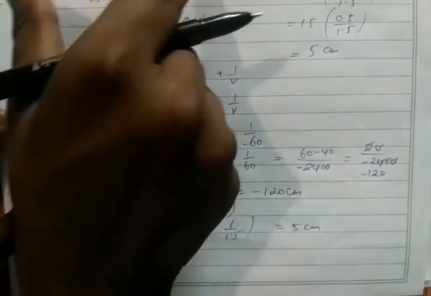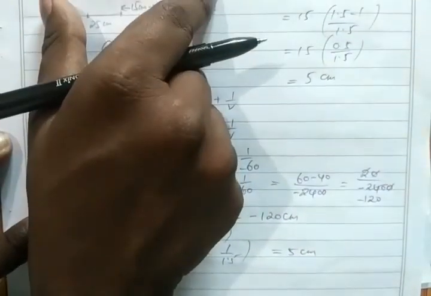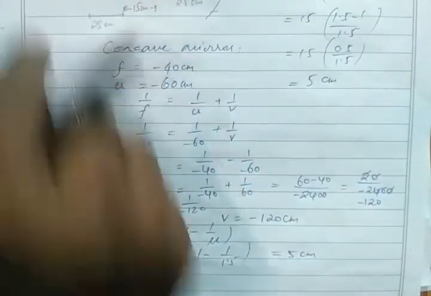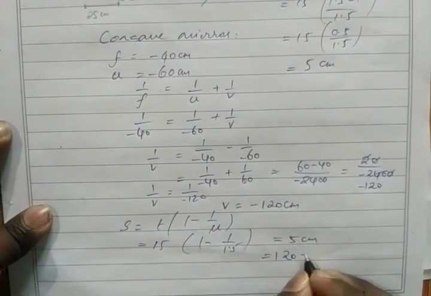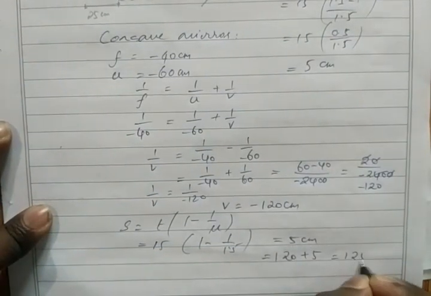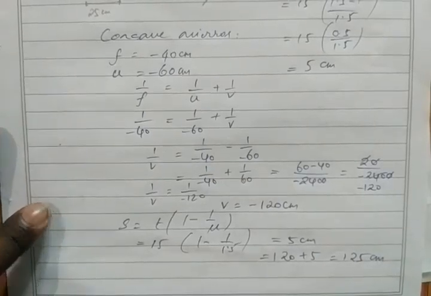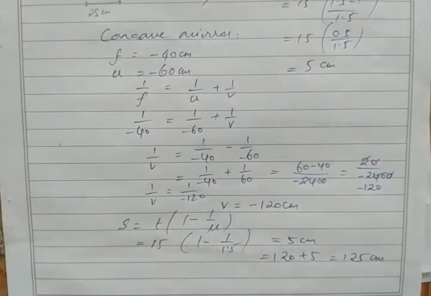Okay, so our image will be somewhere here, 120 centimeter. Then again our lateral shift will be 5 centimeter. So the total shift will be 120 plus 5, which is equal to 125 centimeter. That is our answer. Okay, thank you.